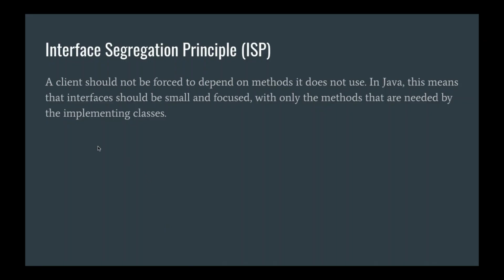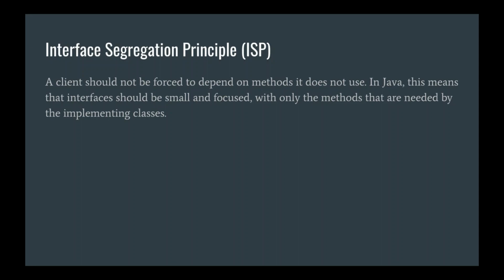And then going further, we have the interface segregation principle, which says a client should not be forced to depend on methods it does not use. What this means is, if you have an interface that has, let's say, two or three methods, and you have a class that implements that interface but does not do all of those methods, then that class should not depend on that interface.